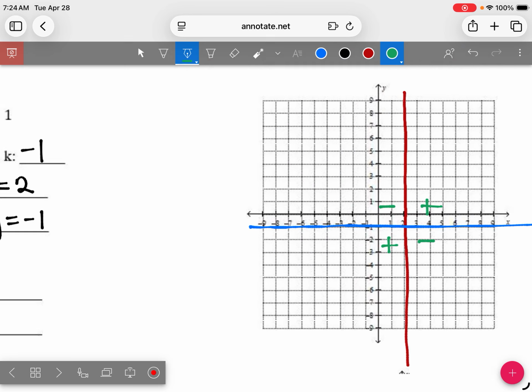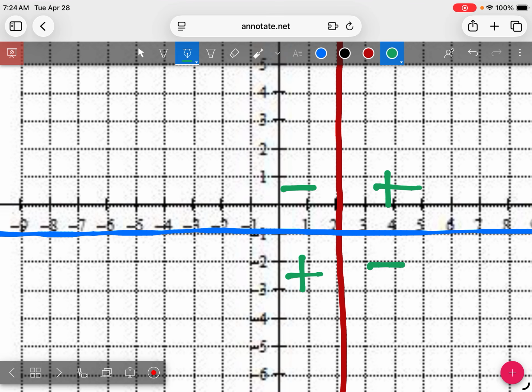Okay, and then remember, I'm gonna go ahead and zoom in. In pencil, put your plus, plus, minus, minus.